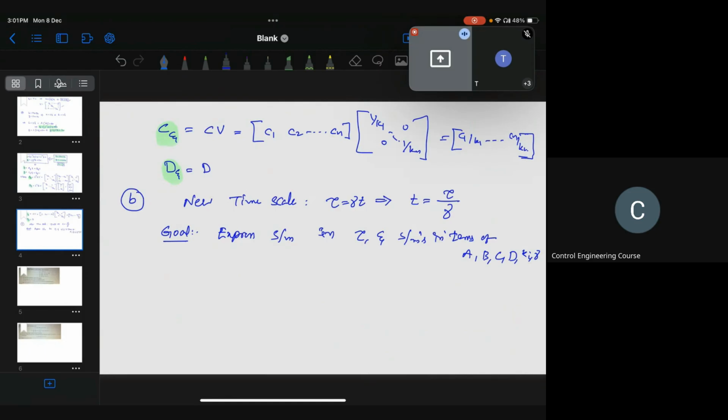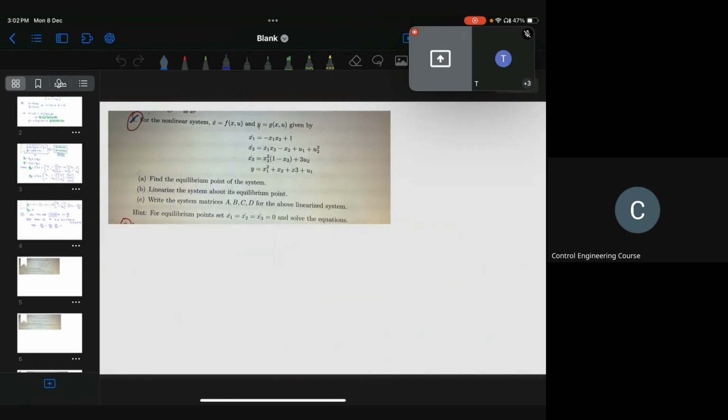Okay, so continuing from the previous one, we have x dot is equal to, a hint also given to us. The hint says dx by d tau equals dx by dt multiplied by dt by d tau. So with this new time scale, what would happen to the matrices again? We have to use this hint. That is the question.